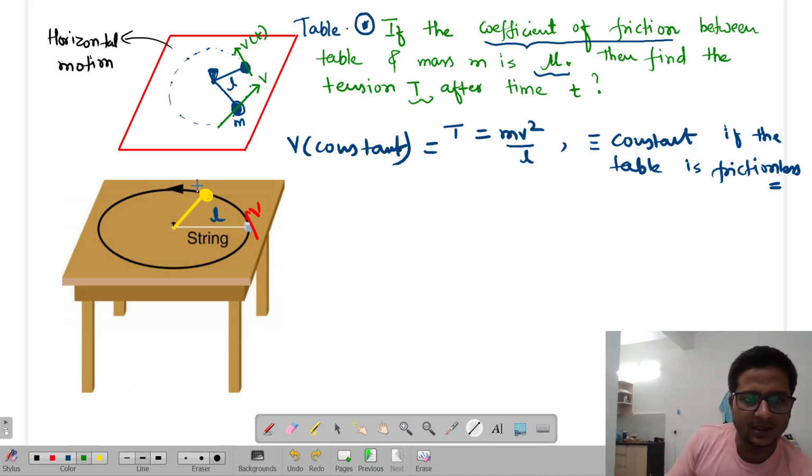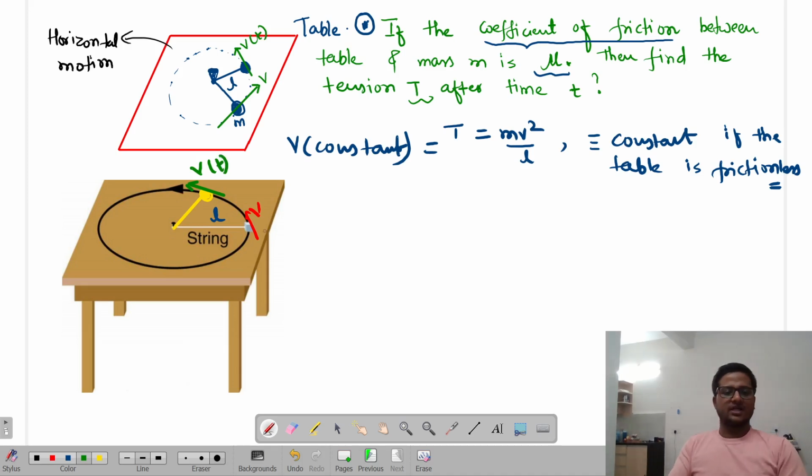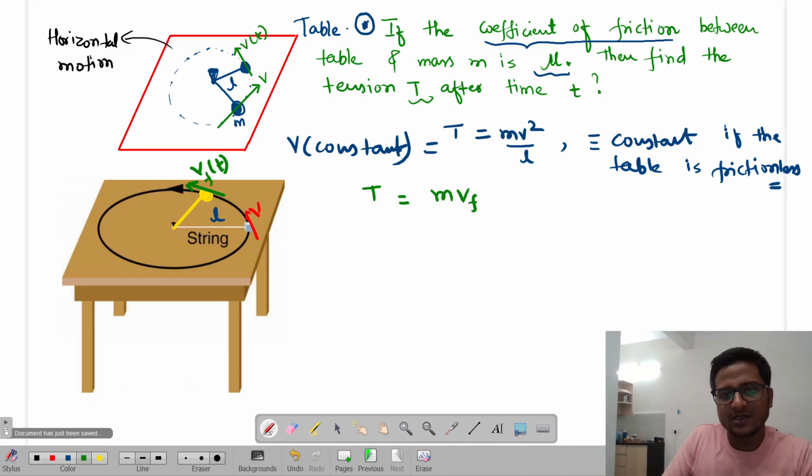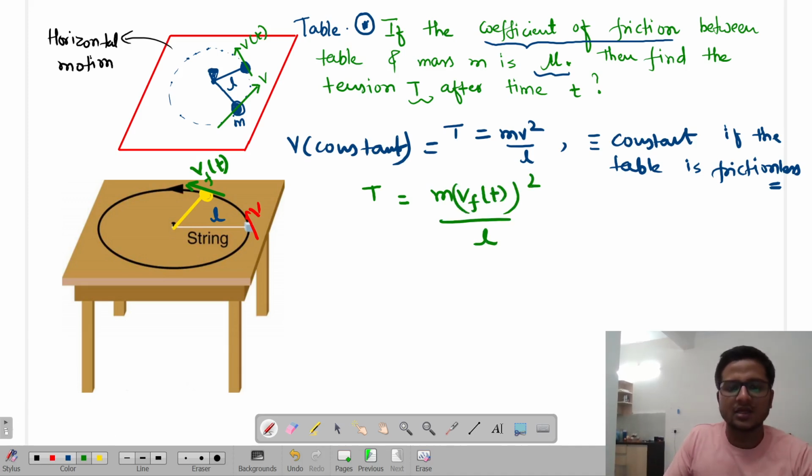It's decreasing. So this is my different velocity. I call this Vt. So initial velocity will be V, and this final velocity will be V final T. So then the tension will be equal to what? M V final T whole square divided by length L. Are you able to get me or not?